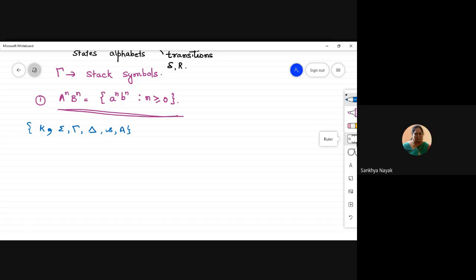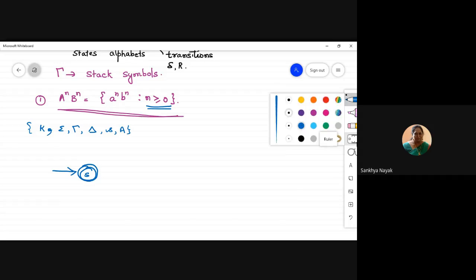Okay. So this we already designed in the last class. So as you can see, n is greater than or equal to 0, which means when nothing is there also it should accept. So whenever a question like that comes, your starting state also becomes a final state.